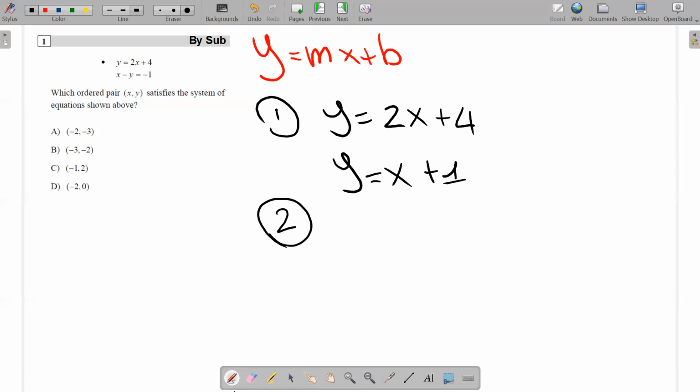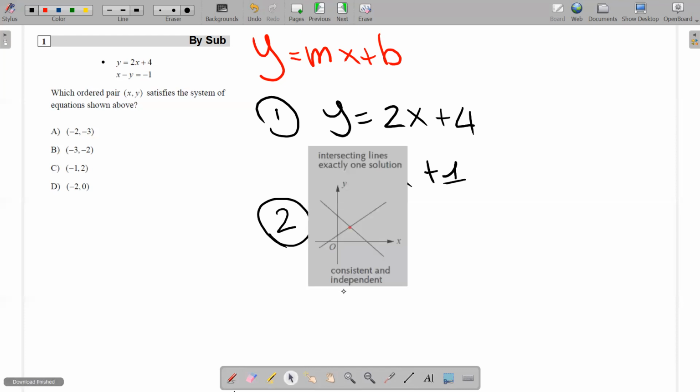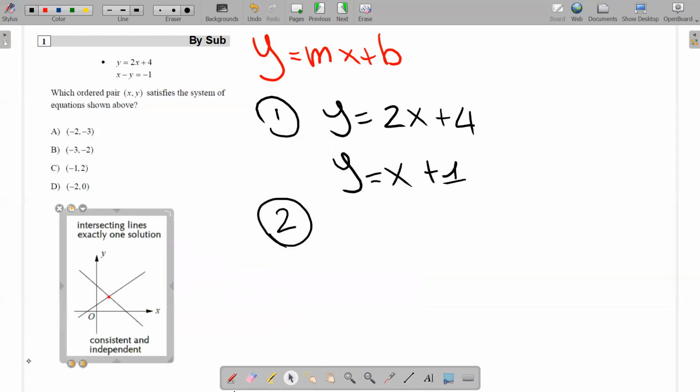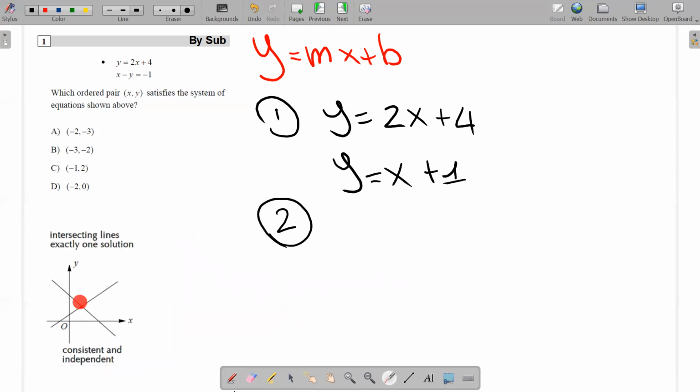Why? Before, we were talking about this situation right here, right? We were talking about the situation where they share a point. At that point, that's the only point where the coordinates x and y of the two lines are going to be the same.